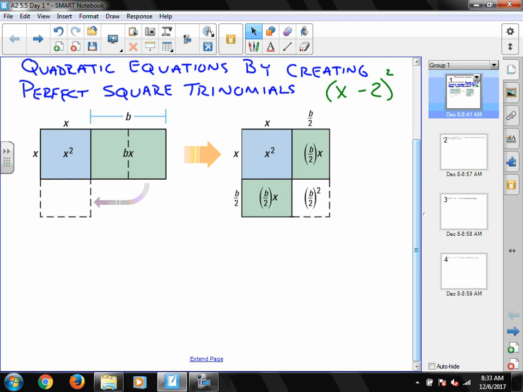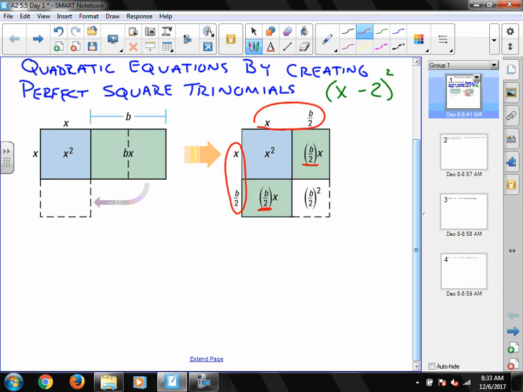So if I give you x plus b times x, what you're going to do is, if you've got a perfect square trinomial, these two diagonals are going to be exactly the same. They're going to be b over 2. So normally I give you what these are here, but now we're trying to figure out what b over 2 is.